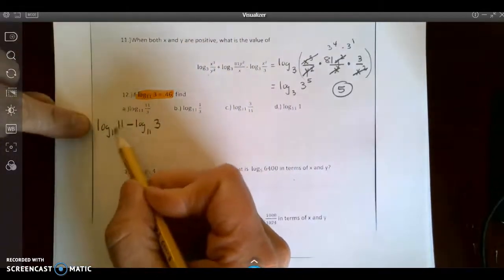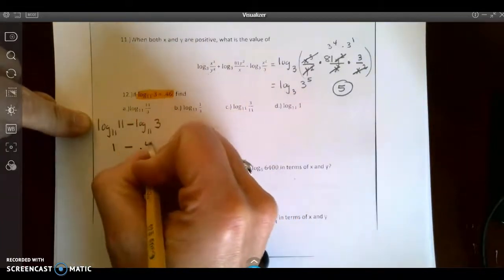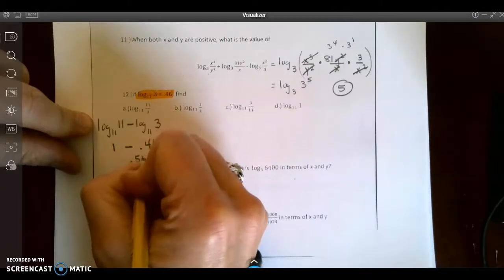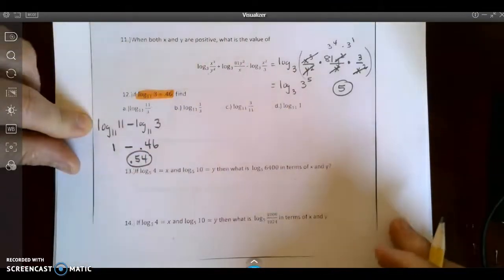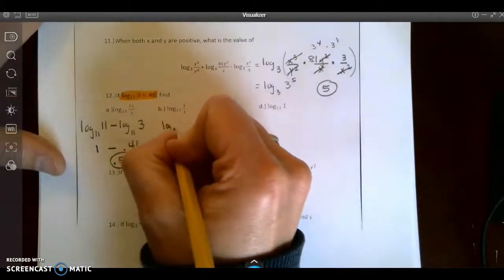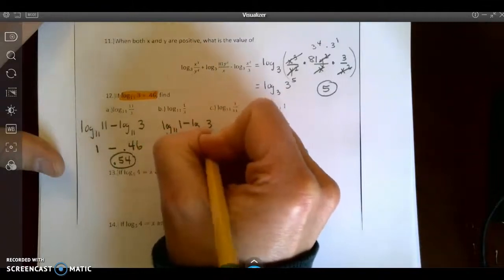Well, log base 11 of 11 is simply 1 minus 0.46, and 1 minus 0.46 is 0.54.